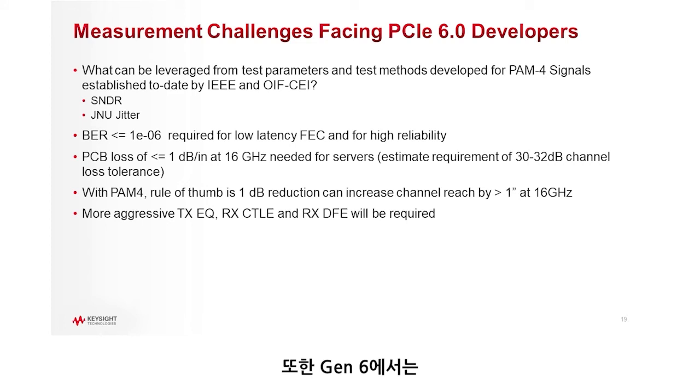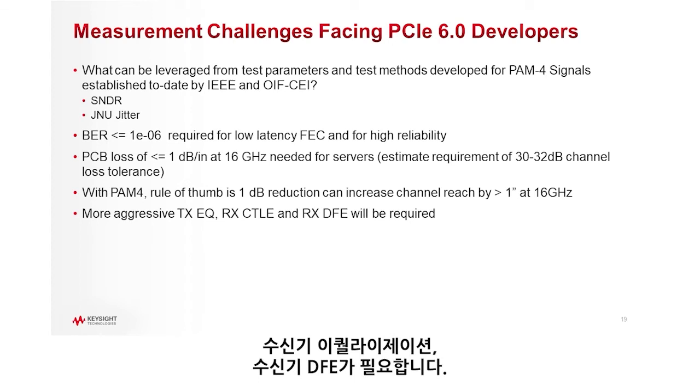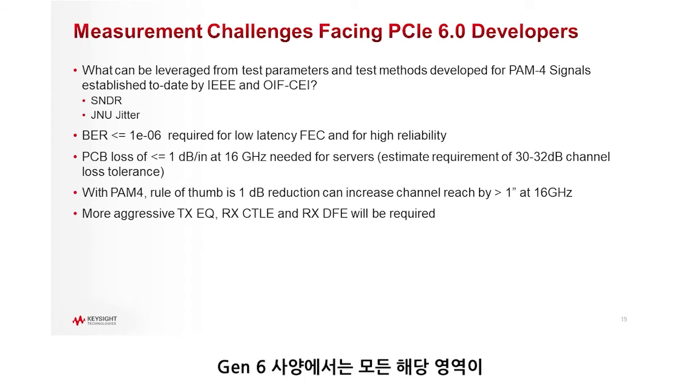Now, we do also acknowledge that with Gen 6, we're going to need more aggressive transmit equalization, receiver equalization, and receiver DFE. So you'll see significant improvements and advances in all of those areas in the Gen 6 specification.